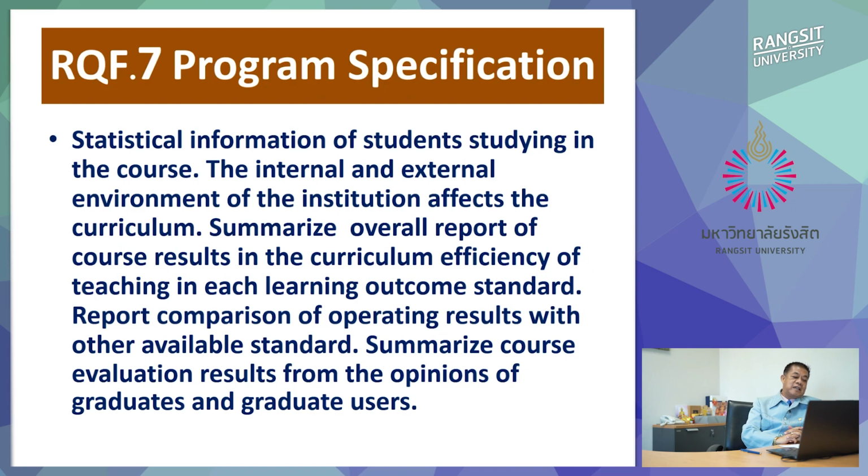RQF number 7, program specification, says that statistical information of students studying in the course would be shown. The internal and external environment of the institution that affects the curriculum would be reported. A summary overall report of course results and the curriculum efficiency of teaching in each learning outcome standard would be shown.